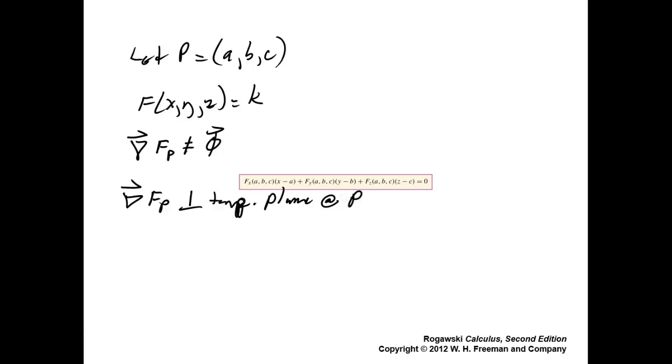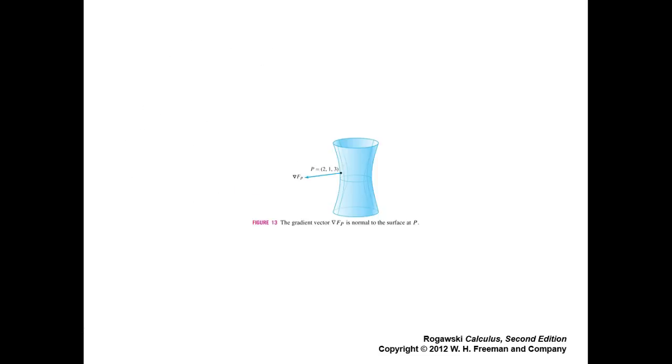Moreover, the tangent plane to the surface is given by this formula. So this formula is that equation for a tangent plane. Okay? So, let's see if we can work a problem with that.